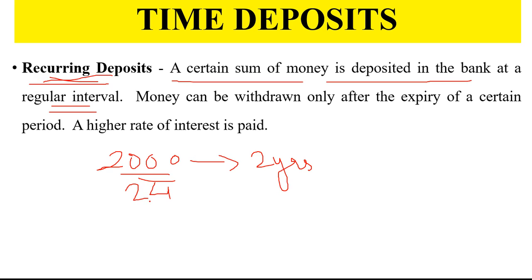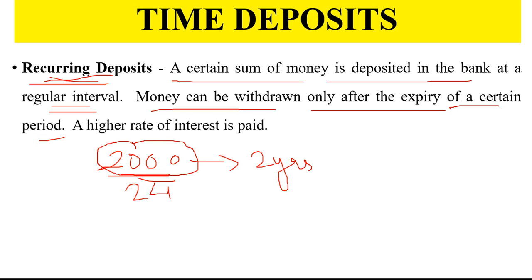So for 24 months you are paying 2000 rupees, and the money can be withdrawn only after the expiry of a certain period of time. This 2000 rupees which you are depositing every month for 24 months, after 24 months you are going to get a lump sum amount.